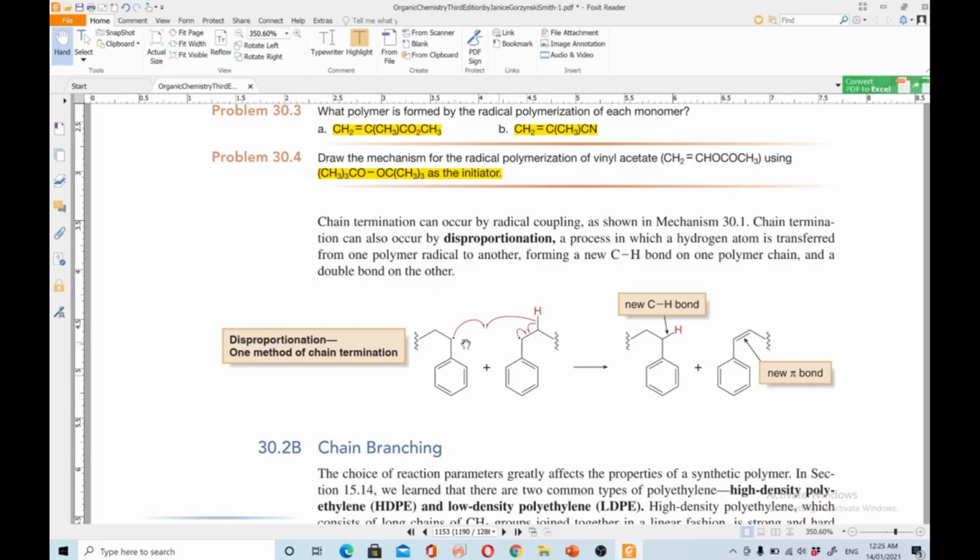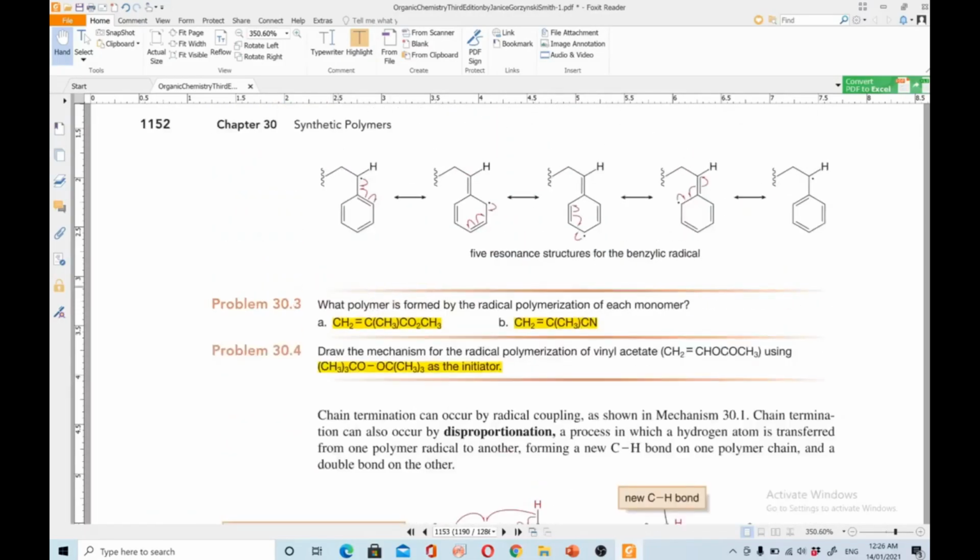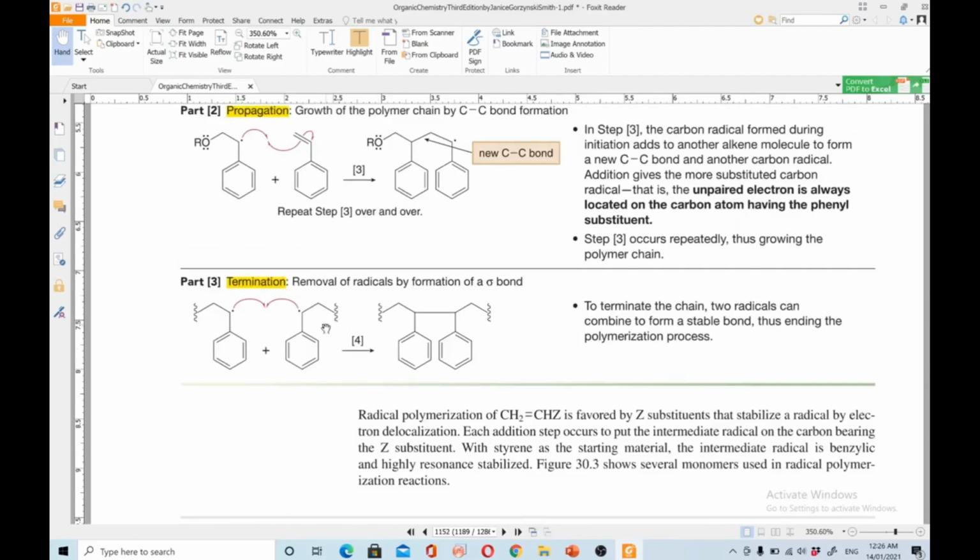So these are the radicals. Disproportionation is one method of chain termination. This is the new CH bond formed, and this is the new pi bond formed. Termination could occur through disproportionation or through radical coupling such as this.